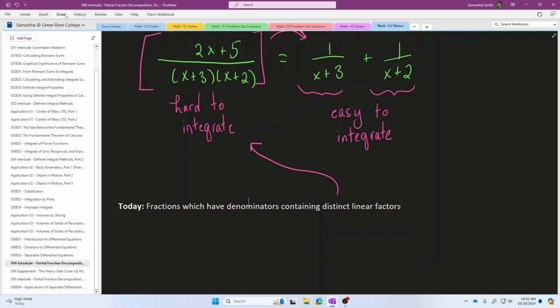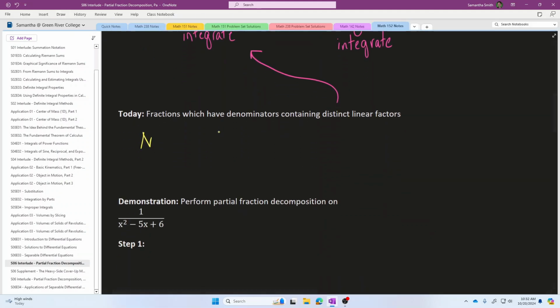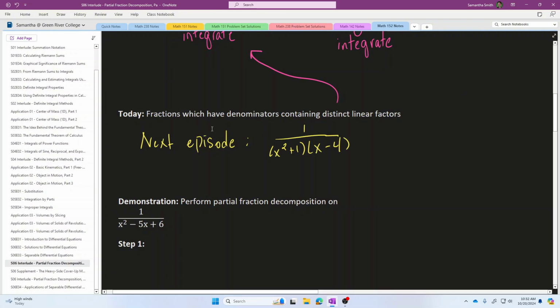and the kind of thing that we will be focused on in the next episode are things, for example, like 1 over x squared plus 1, x minus 4. This denominator contains a factor which is not linear. This denominator contains a factor which is quadratic.